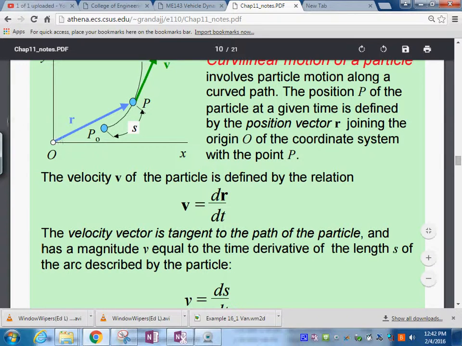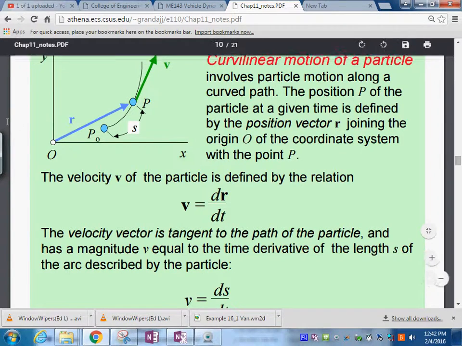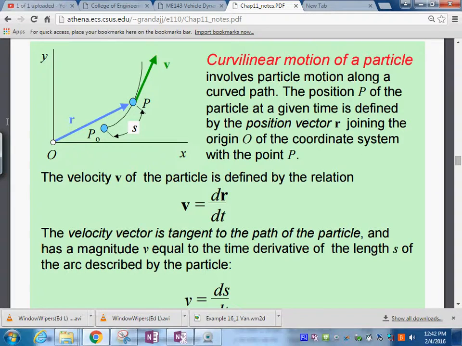Okay, so in this case, the path is from P0 to P, and it travels some arc, but you have the position vector r, the position vector with respect to an inertial frame. Inertial frame meaning a frame that does not move.